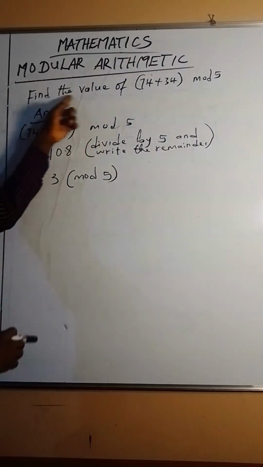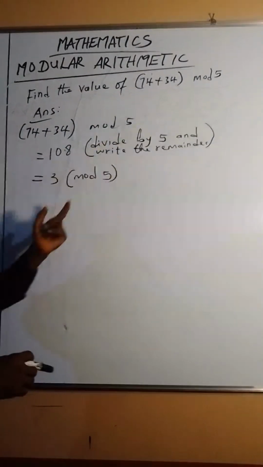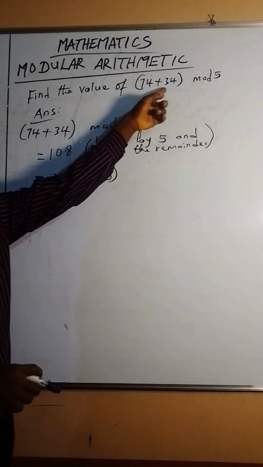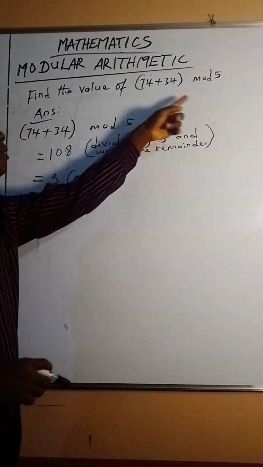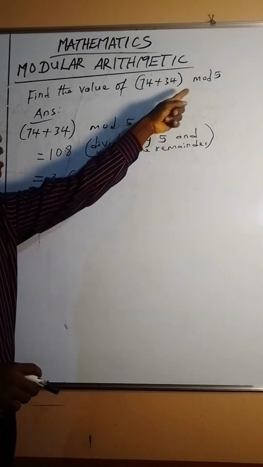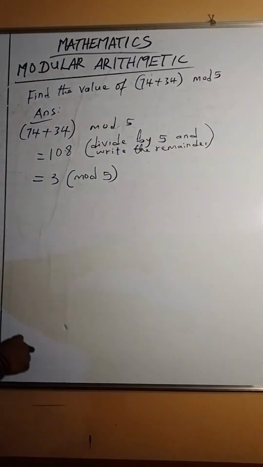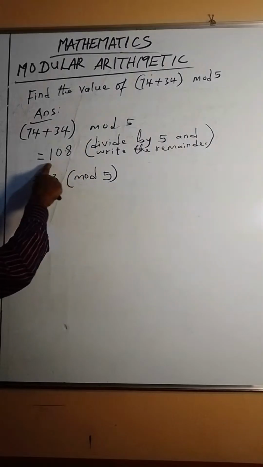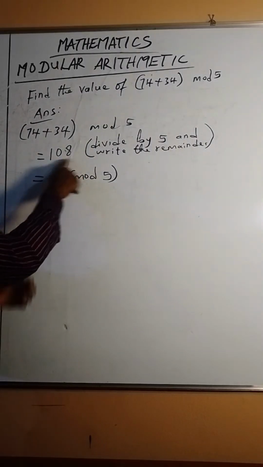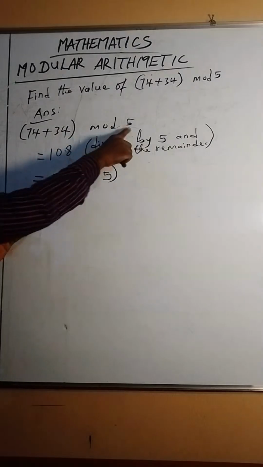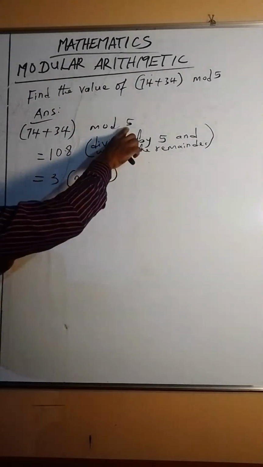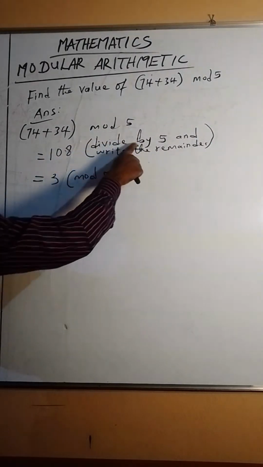Now, let me go back and re-explain what I've said before. We are given this value in mode 5. We have to add up these two numbers in mode 5. How do we achieve this? It's quite easy and straightforward. These two numbers, when added up, will give us 108. But this is not the actual answer. To get the actual answer, we look at the mode. The mode is 5, so to get the answer in mode 5, we divide by 5.